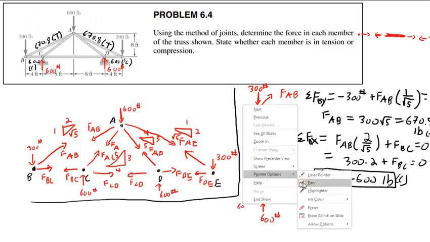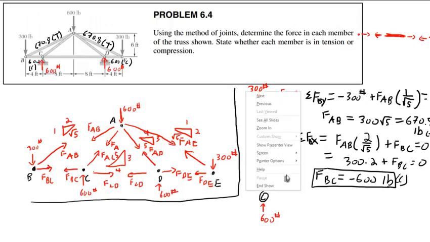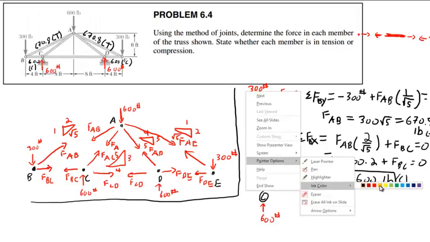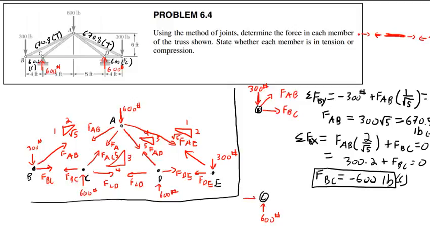Actually, you know what, maybe I will just draw it how I know it really is. I know it's really in compression, so I'm just going to go ahead and draw it in compression. It's going into the joint. 600 pounds here. I have FCD here, and I have FAC here. And my dimensions are, this is a 3, 4, 5 triangle.